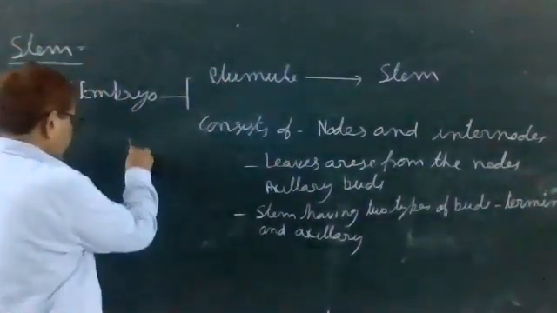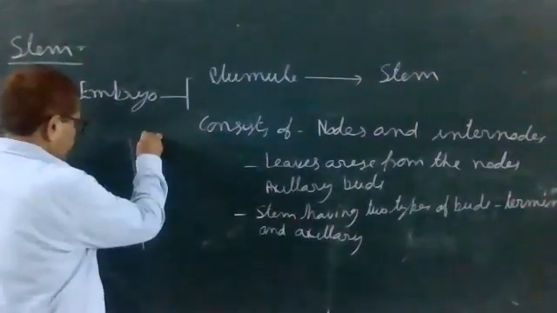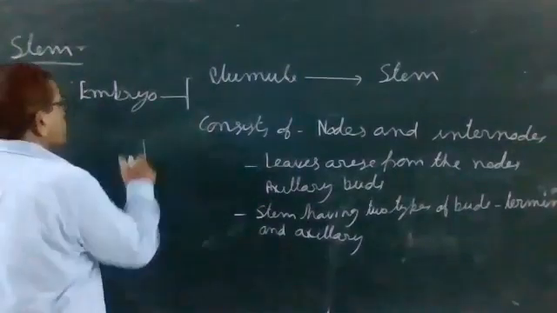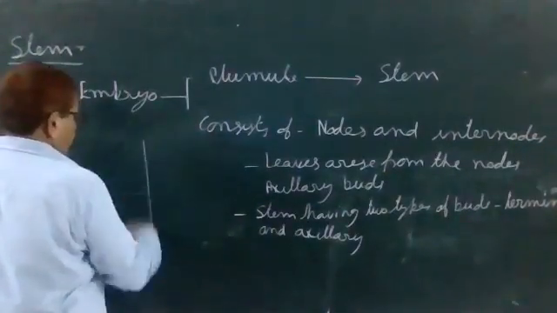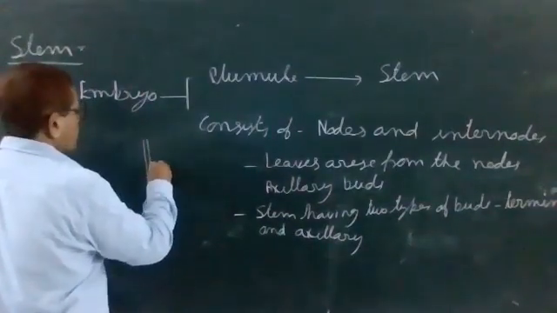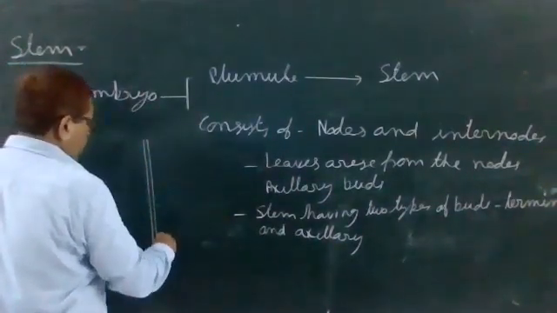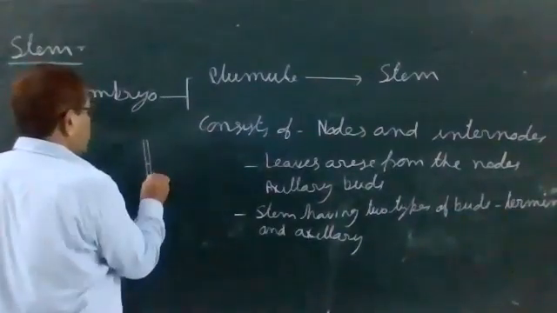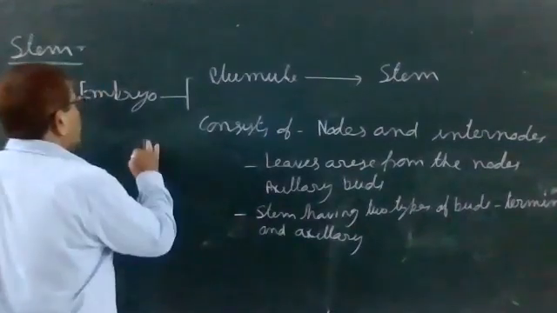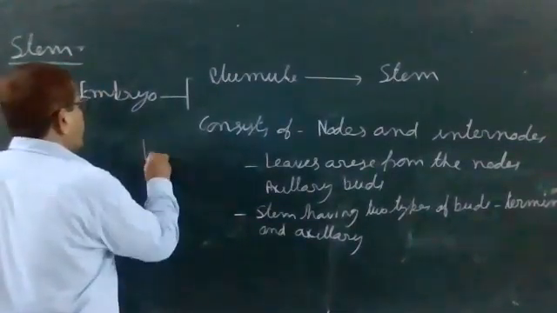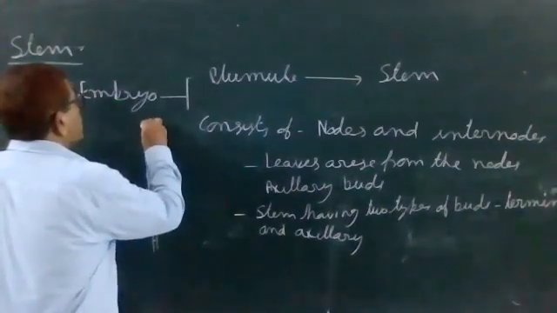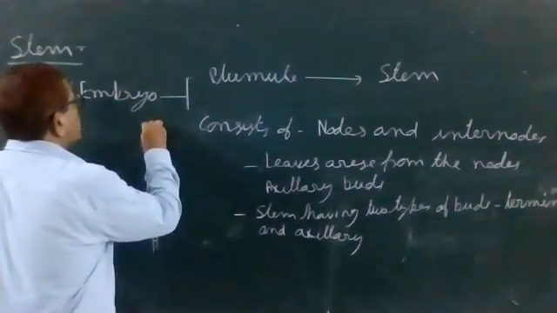This is stem. Suppose this one, the stem, consists of nodes and internodes, and at the tip of the stem there is a bud.